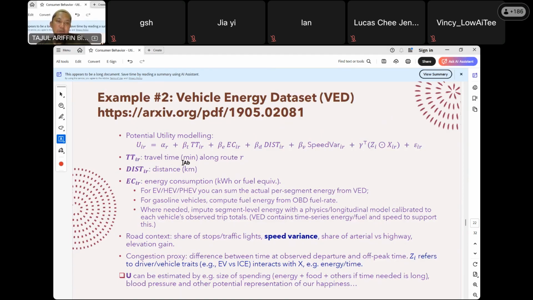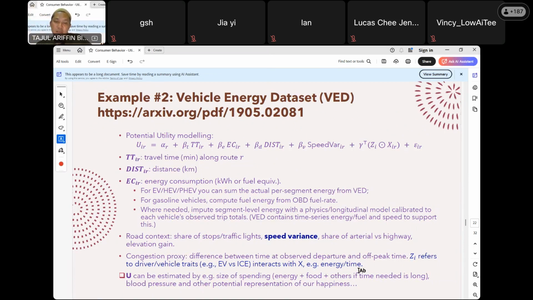So some information: several times, distance, energy consumption, the speed variant, and then congestion. Congestion refers to driver traits, whether electric vehicle or ICE. Then you interact with energy all the time. These are based on the information availability.